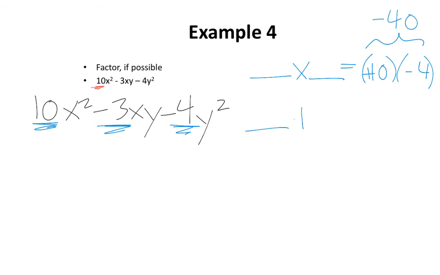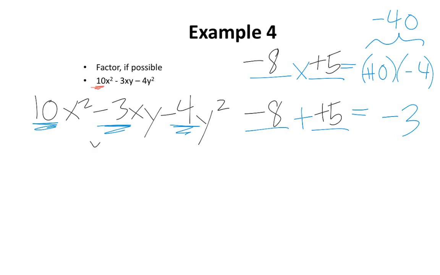Again, you want to think of two numbers that when added together give you negative 3. If you use your times tables as well as some guess and check, you should come up with the two numbers of negative 8 and positive 5. So negative 8 times positive 5 gives you negative 40, and negative 8 plus positive 5 gives you negative 3.